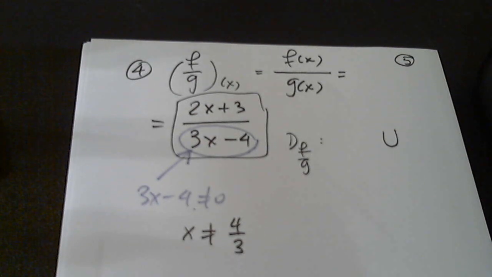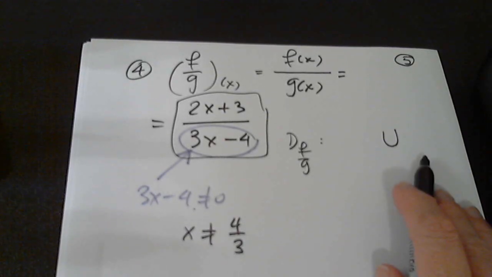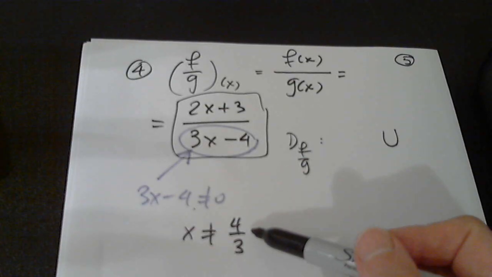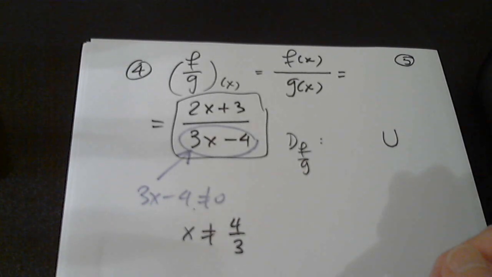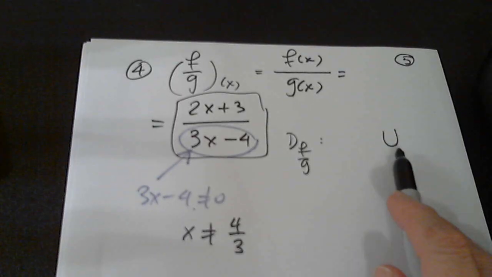Perfect. How do I write it? You're correct, but how do I write the domain? I have to exclude from the entire domain, I have to exclude 4/3. How do I do that? You're correct. I have to use the union. Correct.